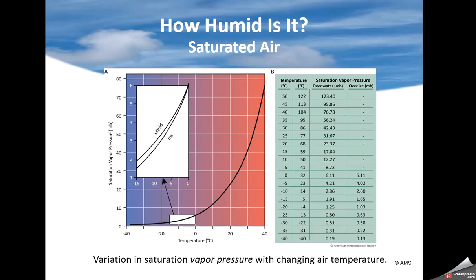What I want you to notice here, and this is going to become really important in cloud formation and precipitation, we looked very closely here at liquid versus ice and the saturation pressure. Well, guess what? Saturation pressure is higher over liquids than it is over ice. The reason being is the molecules move more in a liquid than they do in ice.